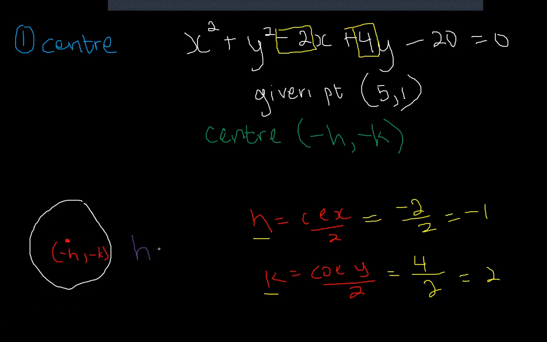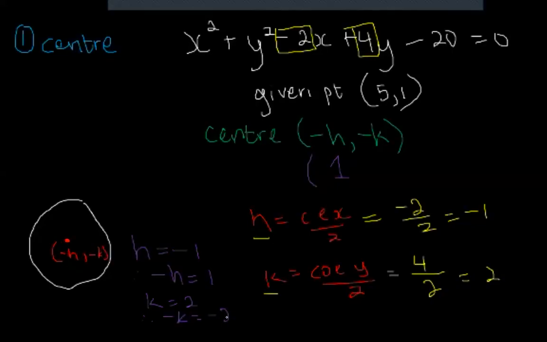If h is equal to minus 1, that means, therefore, minus h has to be equal to 1. So I'll put 1 here. If k is equal to 2, that means that minus k would be equal to minus 2. And this is my center.